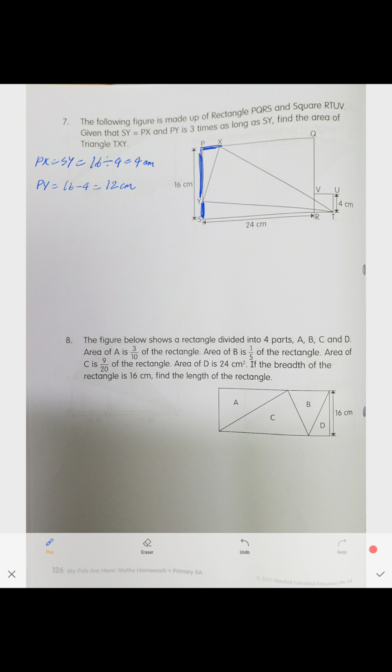the area of the small triangle, this triangle. And I'm gonna explain the big picture of what we are doing here. I'm kind of imagining I'm building this part.